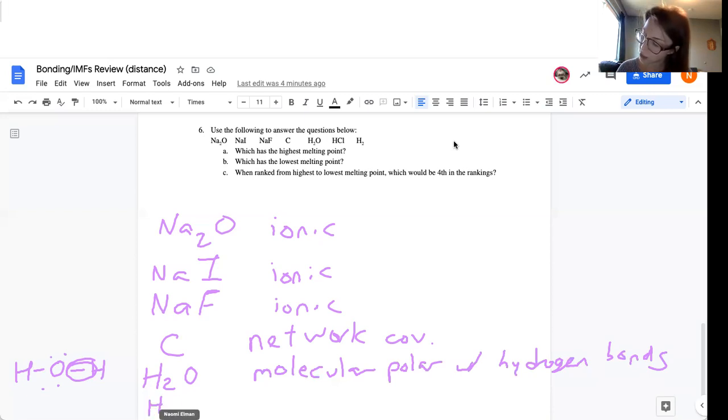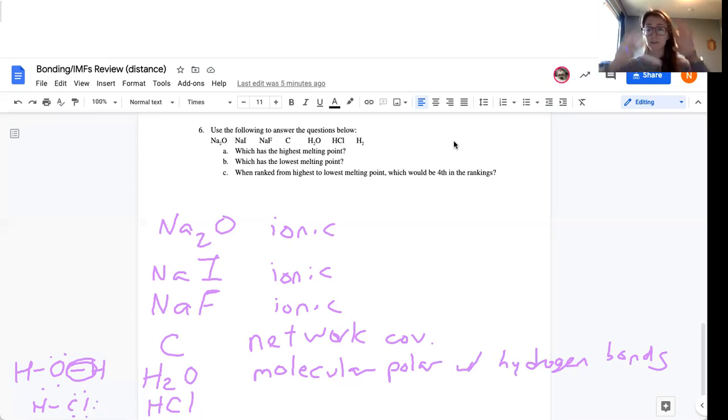Then we have HCl. H and Cl, both nonmetals. I can tell it doesn't have hydrogen bonds because there's no F, O, or N for the H to be connected to. Polar or not polar, well, again, you might be able to tell without drawing it out, but when you do draw it out, there's no central atom. So I can't use my normal rules about the things connected to the central atom.